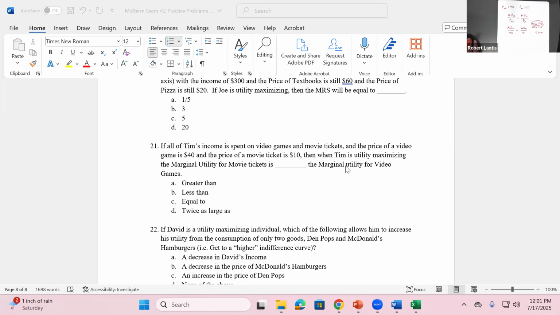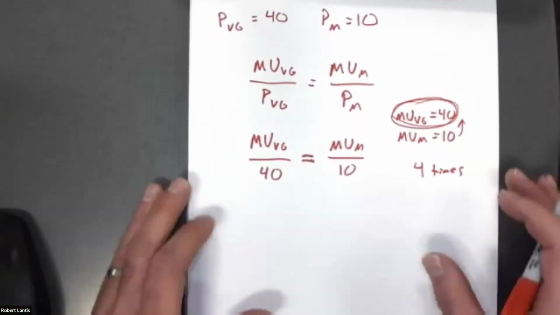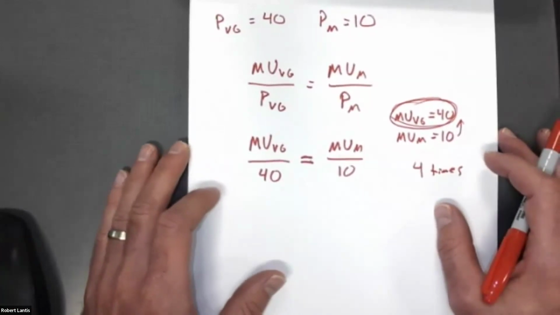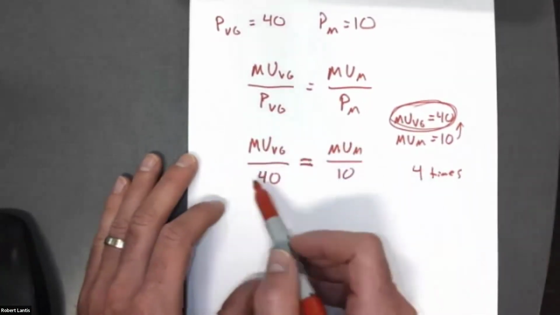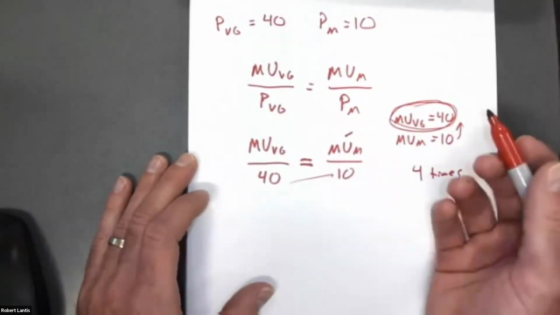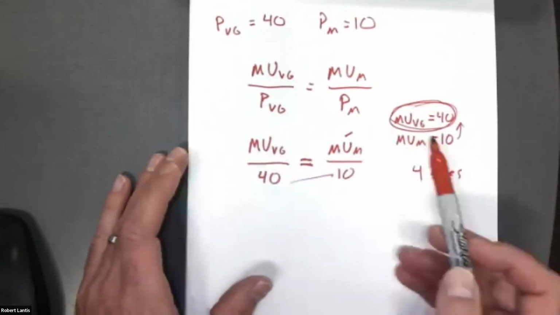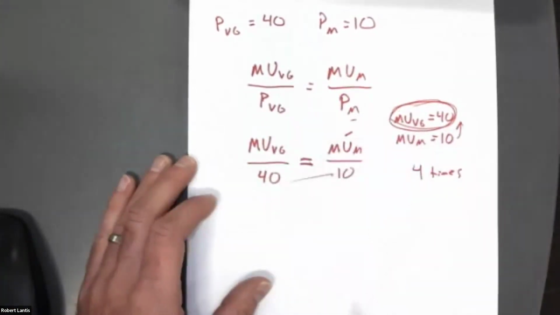Okay. I would probably, to be completely honest, be less likely to give you a problem like this on the exam and more likely to give you three of these. So either tell you the prices, tell you the marginal utility of one of these goods, and have you solve for the other. Or I would give you the marginal utilities, give you one price, and have you back out that.